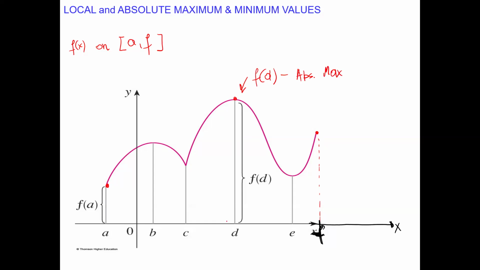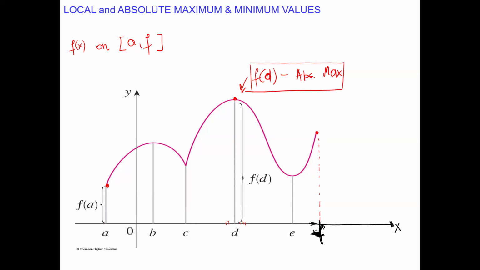Because for any point between a and f, the corresponding value will be less than f of d. Which means f of d is the highest point, the absolute maximum.